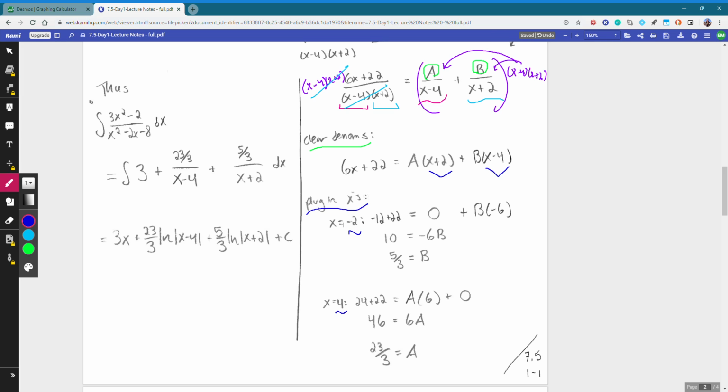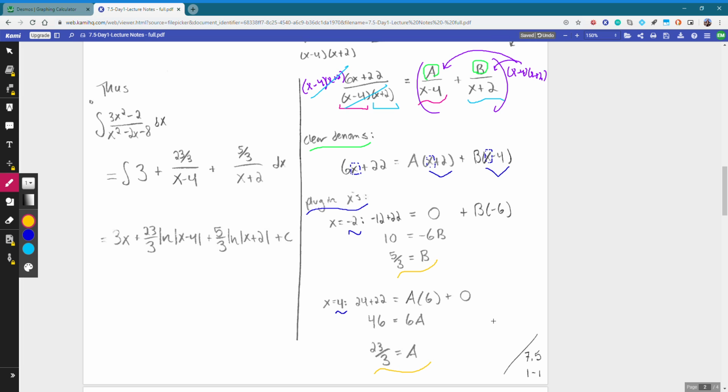If we carefully plug in x equals -2 wherever we see an x in our equation, we can boil things down and see that our coefficient B is -10/6, simplifying to -5/3. Similarly, if we plug in 4 wherever we see x, we get 46 equals 6A, divide by 6 and simplify. So 23/3 is what A equals.